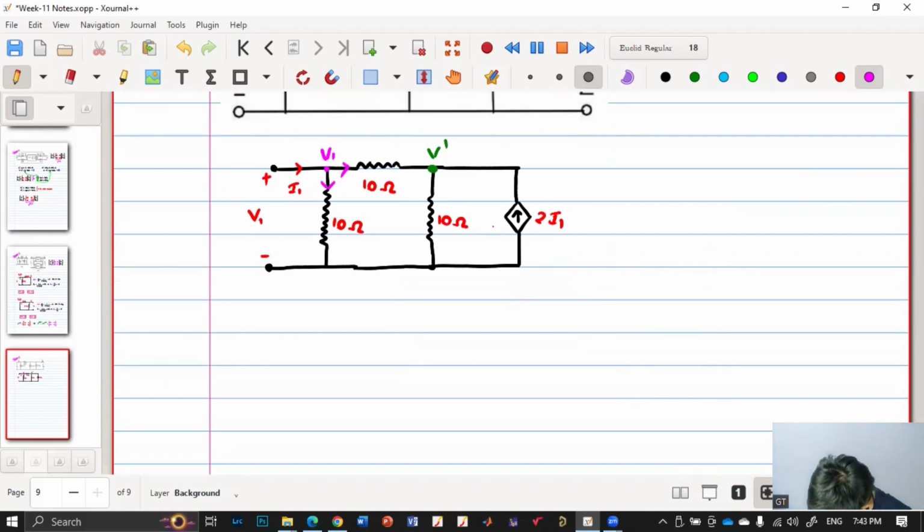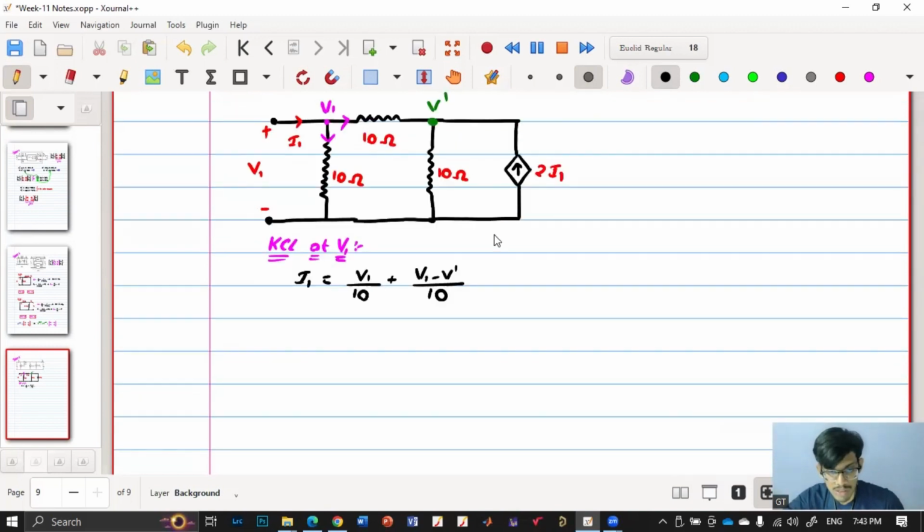So applying KCL at V1, we'll get I1 equal to V1 by 10 plus V1 minus V dash by 10. Okay, fine. So this will give us equation one. Now we'll apply KCL at V dash.